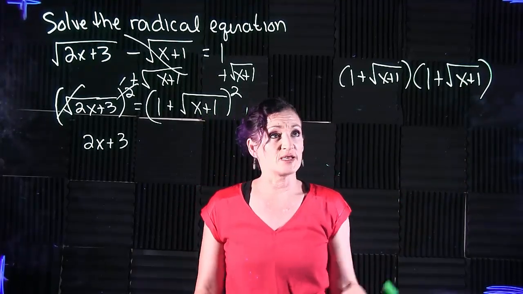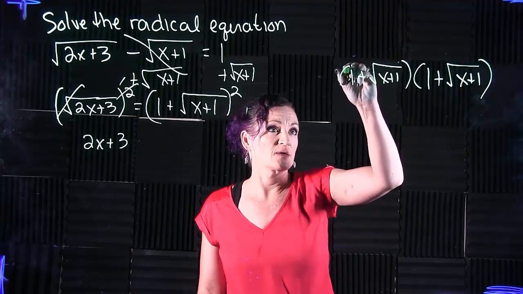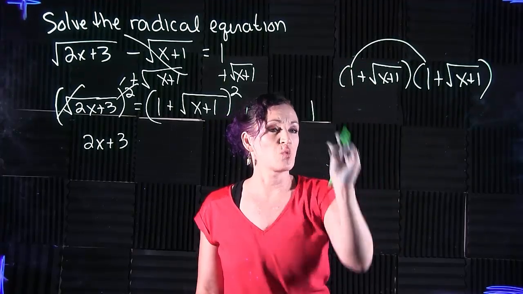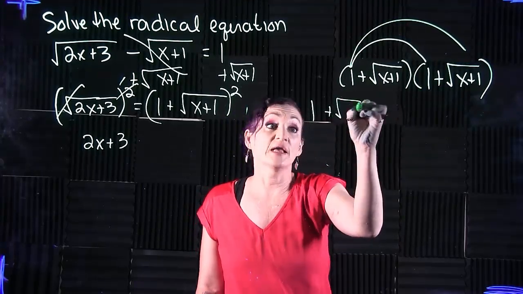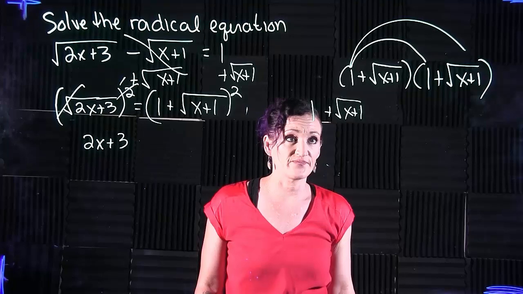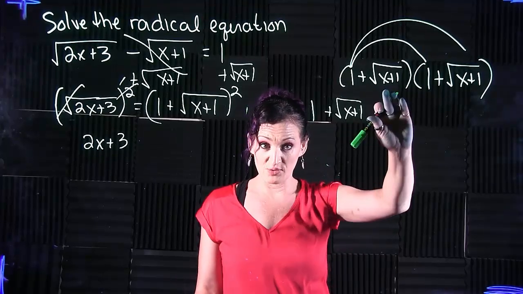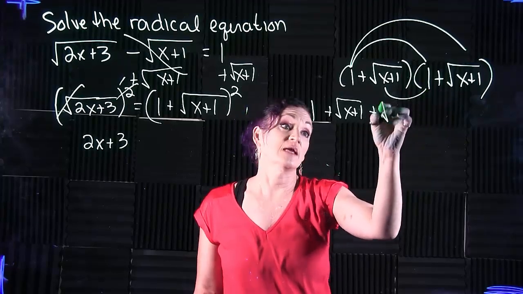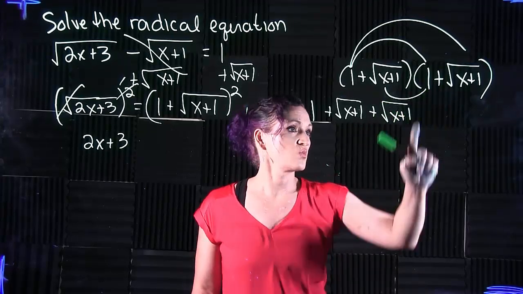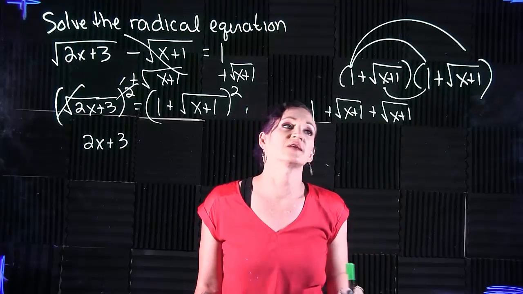I'm just going to distribute it. 1 times the second one. 1 times 1 is 1. 1 times the square root of x plus 1 is the square root of x plus 1. Now distribute the square root of x plus 1 here. Square root of x plus 1 times 1 is the square root of x plus 1. Again, 1 times anything is that anything.